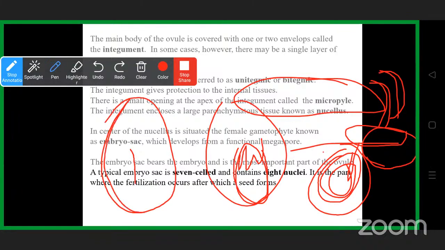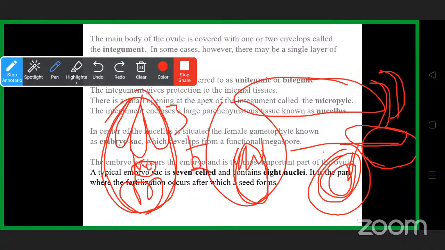Seven cells: egg apparatus with synergids, 3 antipodal cells, 3 egg apparatus cells, and the central nucleus or polar nuclei in the middle. 3 plus 2 plus 3.